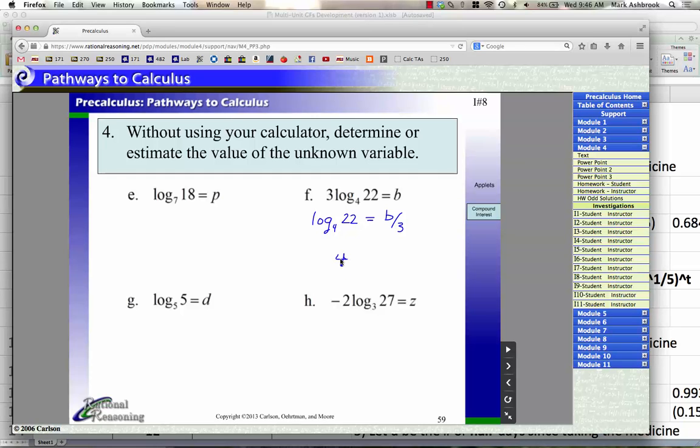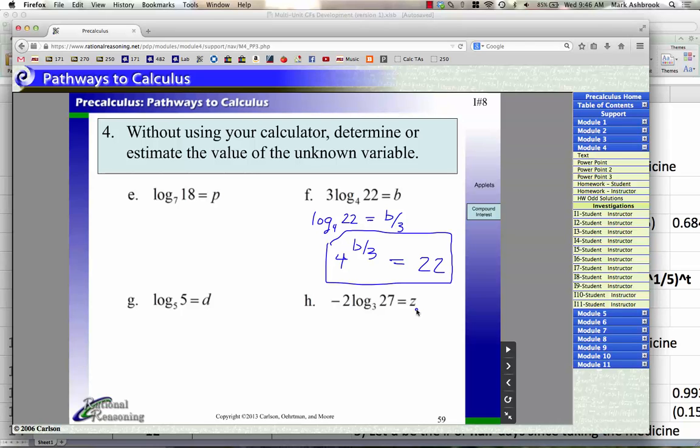4 to the b divided by 3 equals 22. So now most of them you can't solve in your head, right? So 4 to the what equals 22? Well, something between 2 and 3, right? Because 4 squared is 16. 4 cubed is 64.